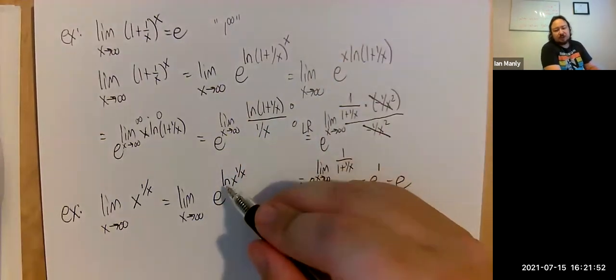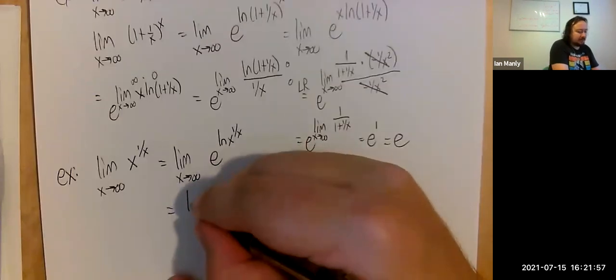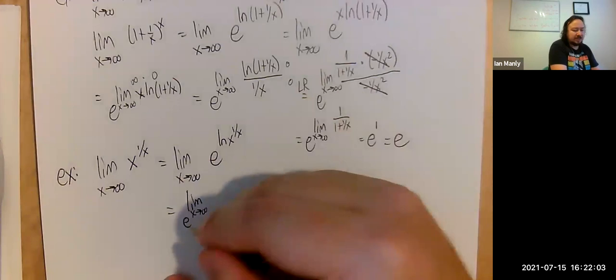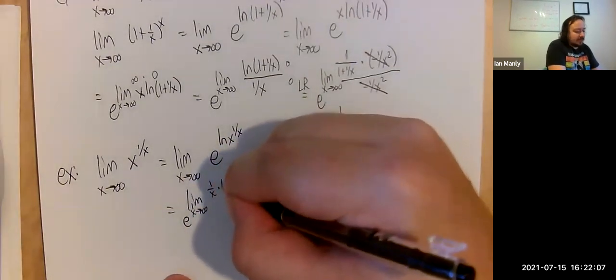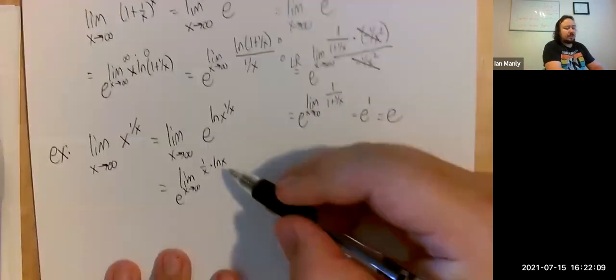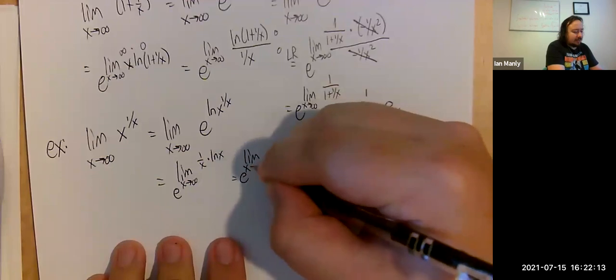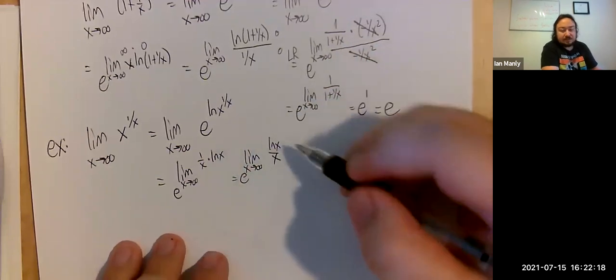Now, because of the properties of natural log, 1 over x can move to the front. And I'm also going to include in this step moving the limit into the exponent. So this is 1 over x times ln of x, but I can imagine this another way. This is e to the limit as x goes to infinity of ln of x over x.